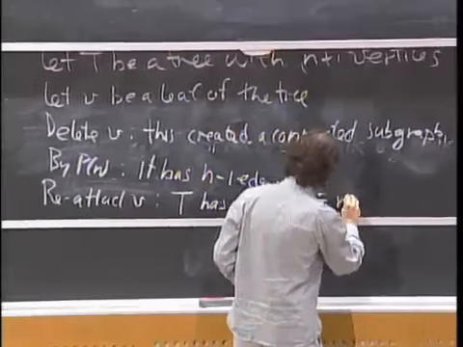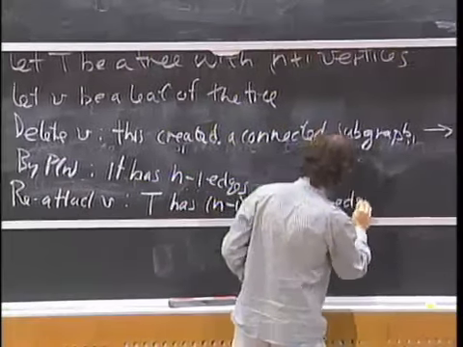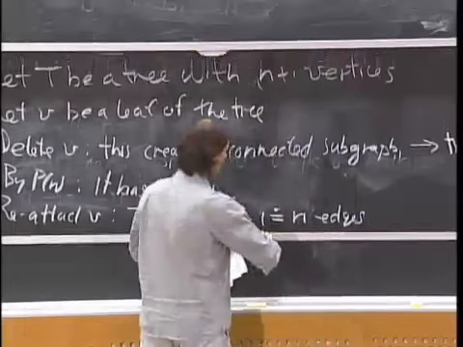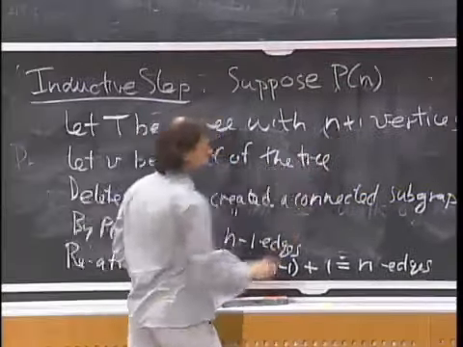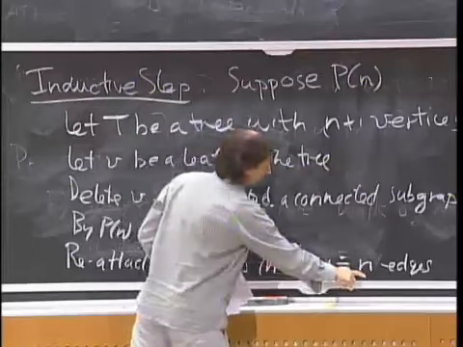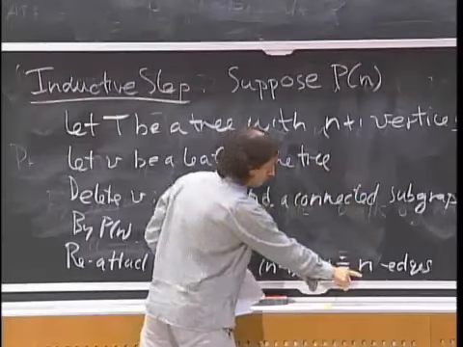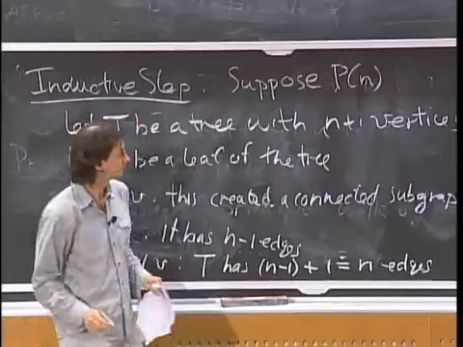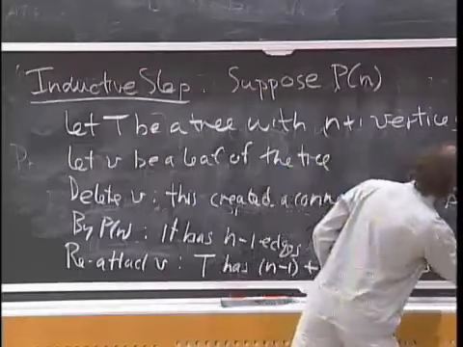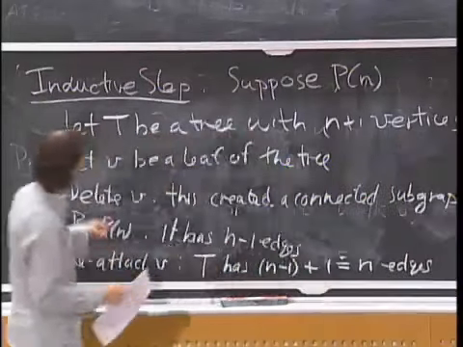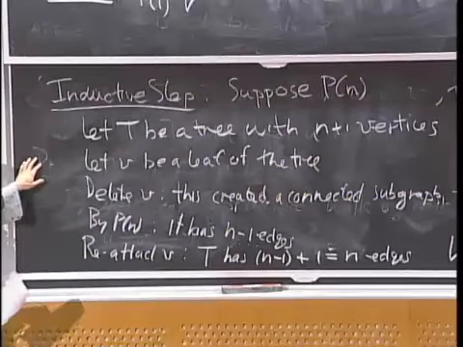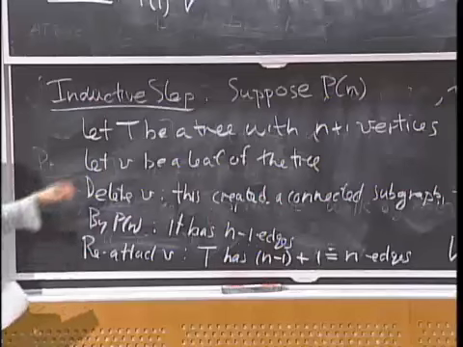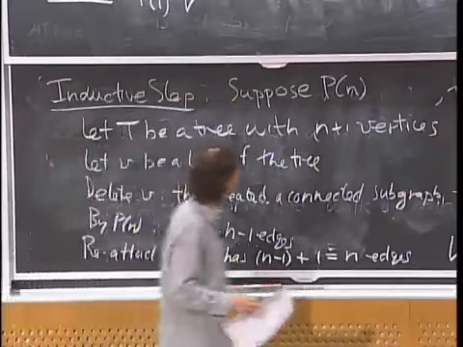So that's altogether exactly n edges. So now we have shown that for every n plus 1 vertex tree, every such tree has n edges. So now we're done, because this shows P(n+1). So this is how the lemma is proved, and in the homework you actually use this.